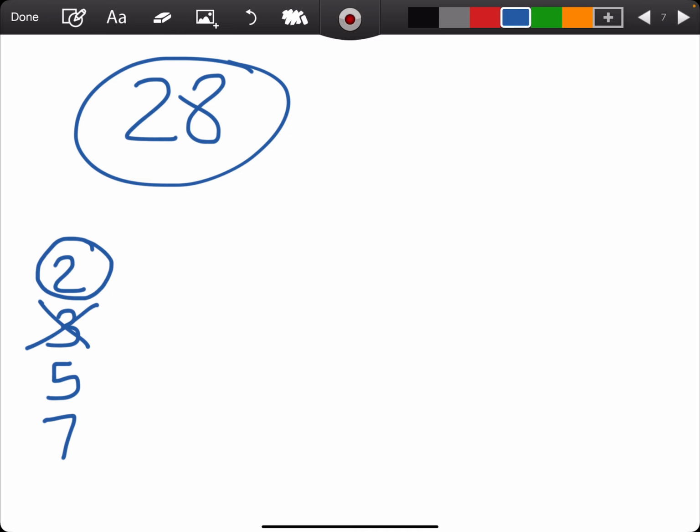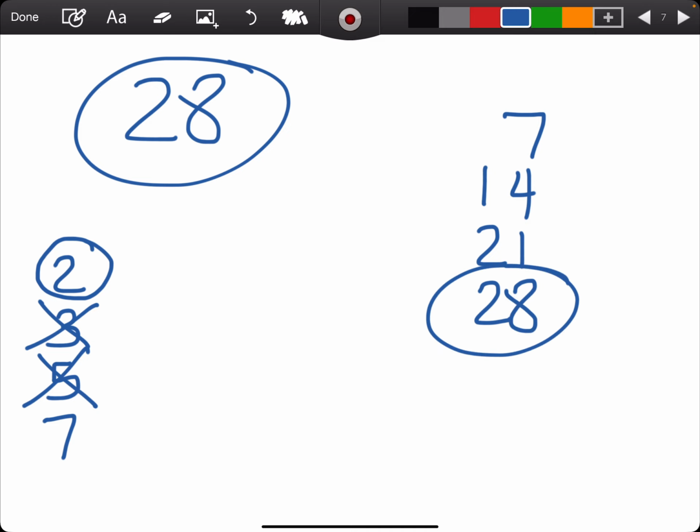And 28 ends in an 8. So that's wrong. And now is 28 a multiple of 7? These are hard. So now I'm going to count by 7s. I may write it on my scrap paper. Oh, it is. So my answers would be 2 and 7.